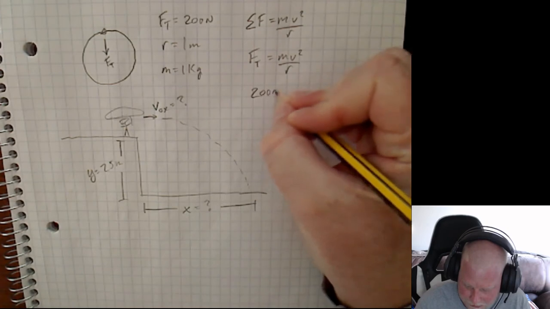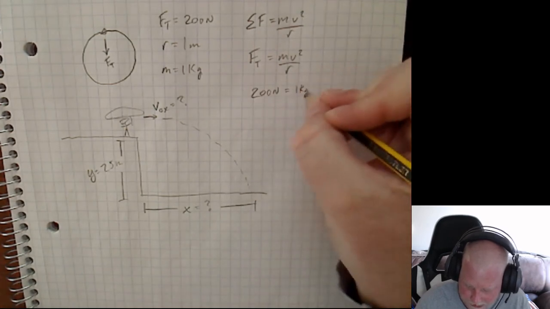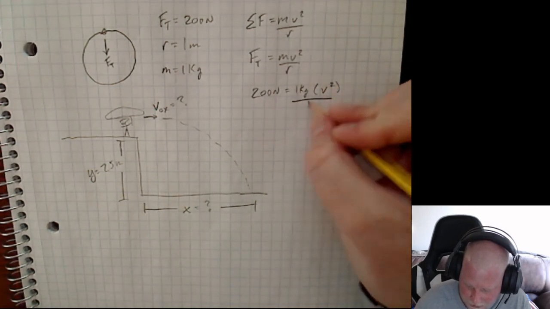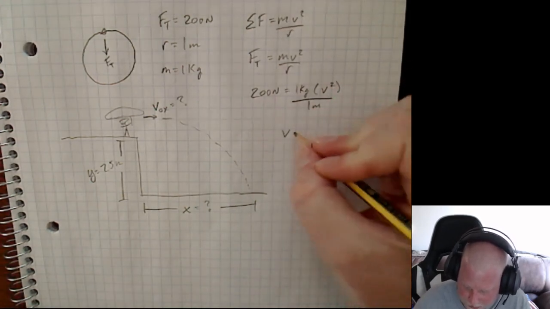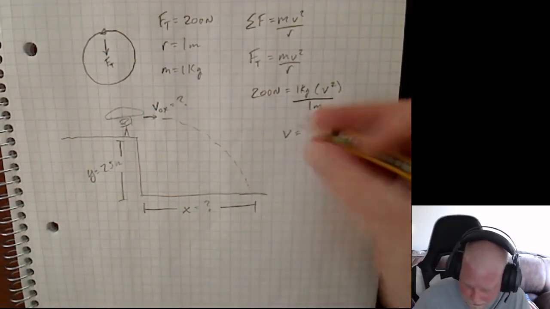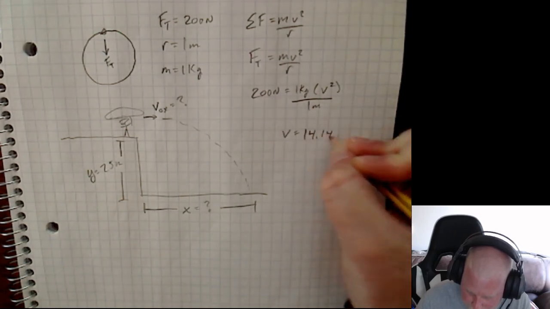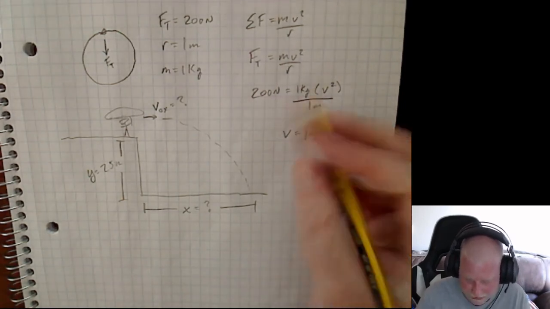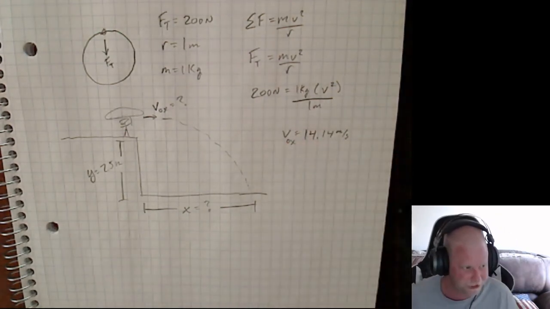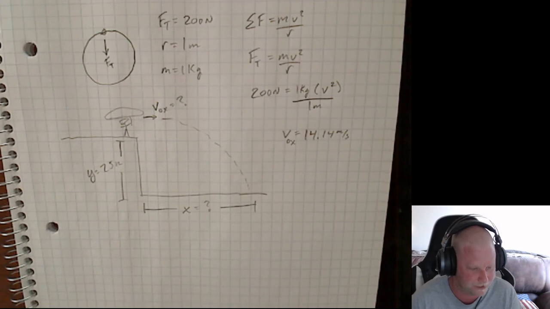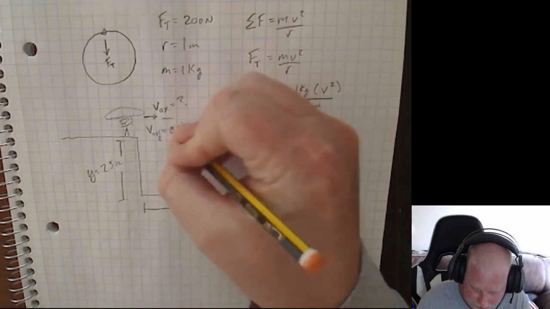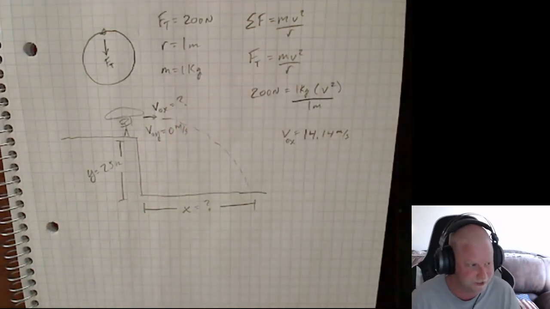So 200 newtons is equal to 1 kilogram times unknown v over 1 meter. So solve for v, and you get 14.14 meters per second. And so this speed that we just discovered represents your initial horizontal velocity. Now keep in mind, also, when we've got a horizontally launched projectile, your initial vertical velocity is 0.